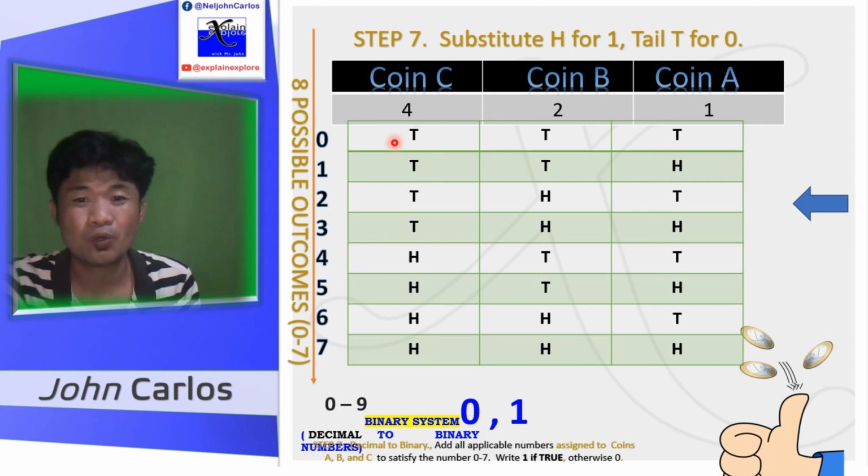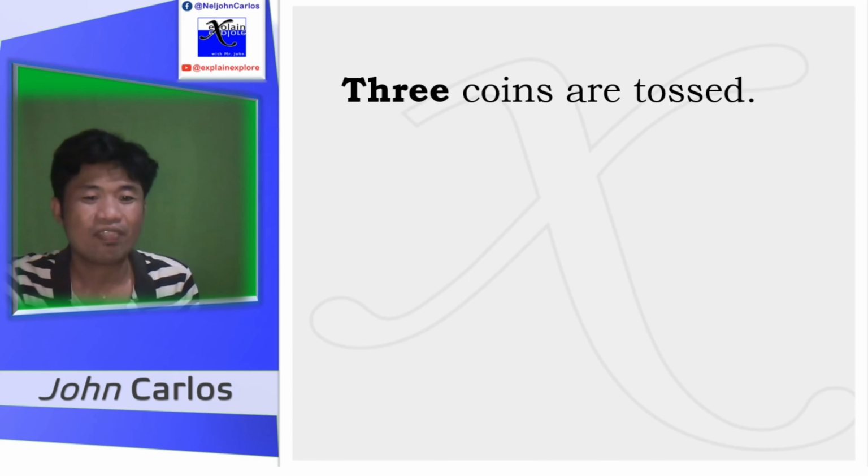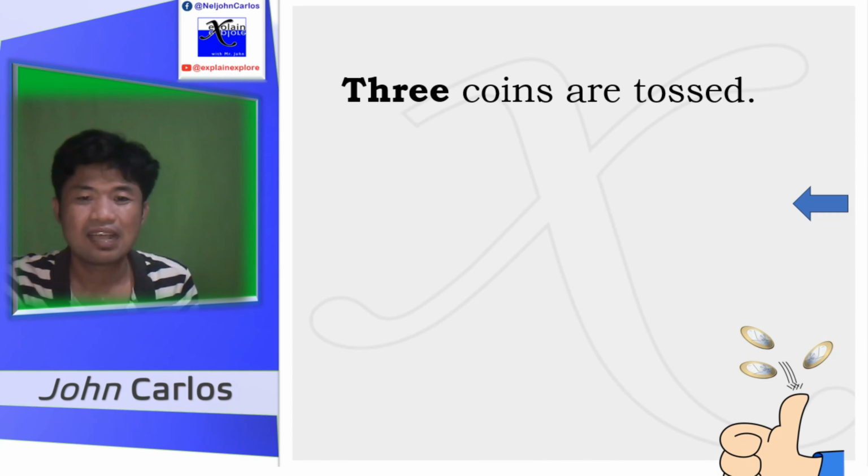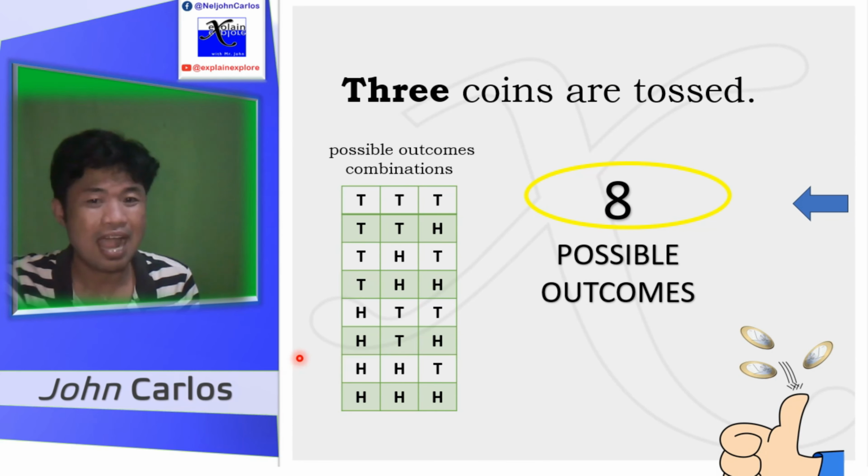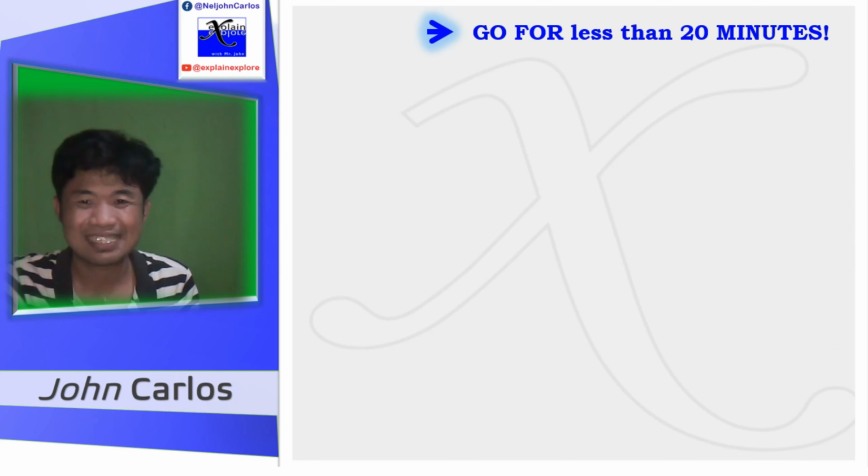If we list this with the substitution, we call it the sample space: T T T, T T H, T H T, and so on. We have 8 possible outcomes, 0 to 7. 3 coins are tossed, and we have the possible outcome combinations here: 1, 2, 3, 4, 5, 6, 7, 8 possible outcomes.